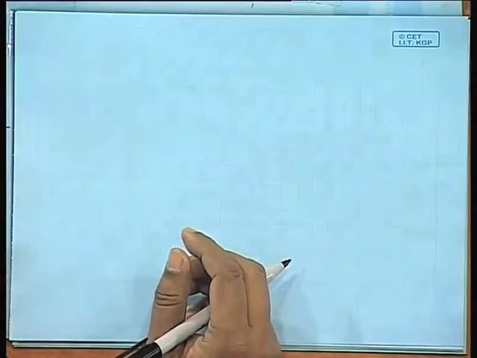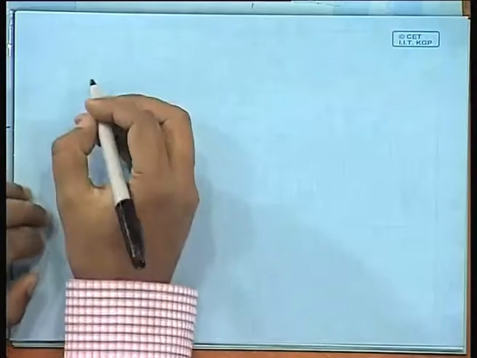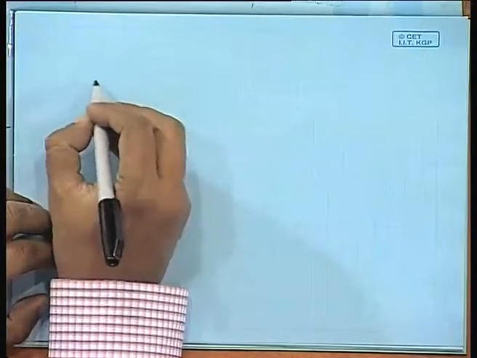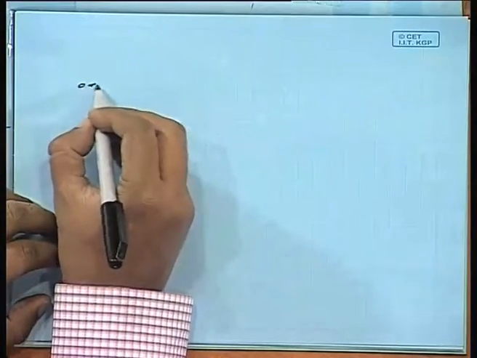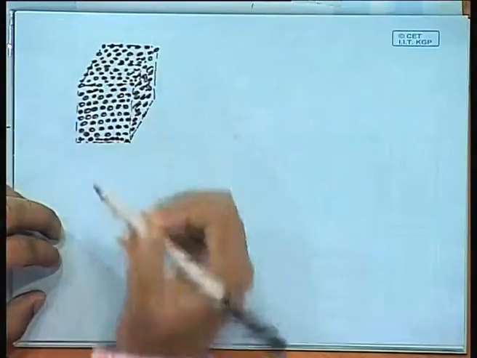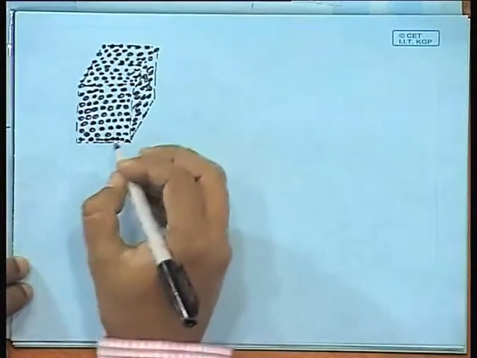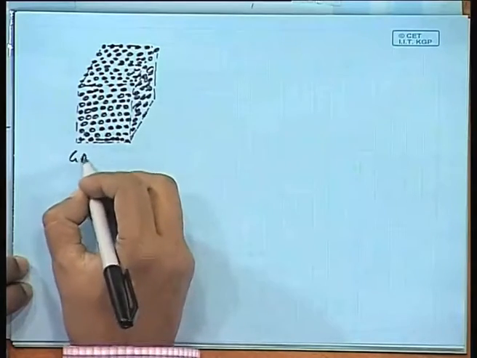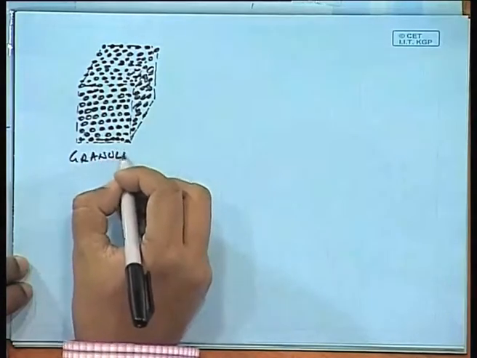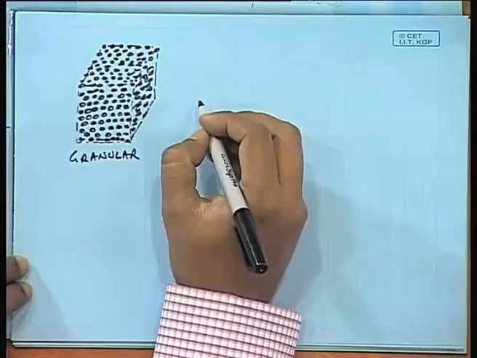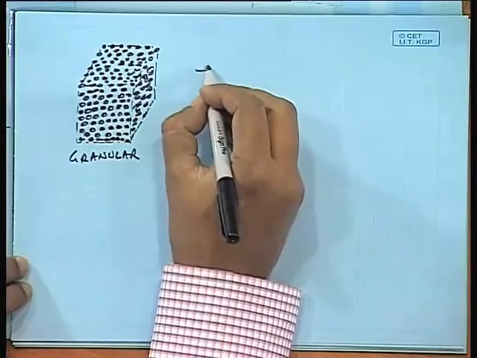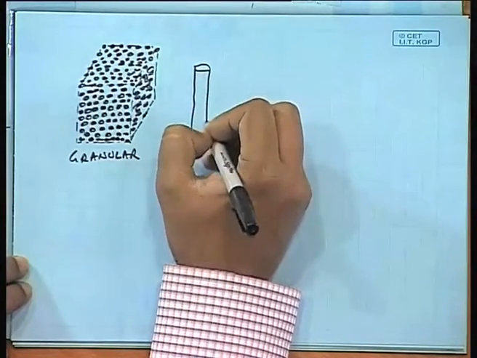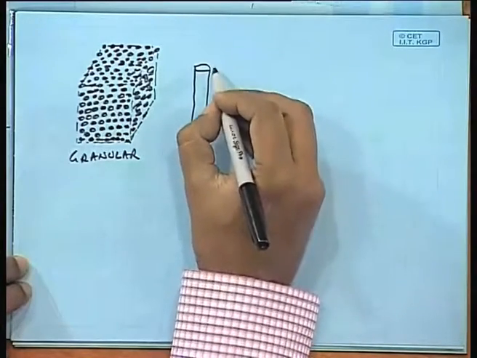These are the most important structures that we generally talk of. Let me give you some idea about the structures. This is how the structures look. This is called a granular structure. The next one is the prismatic structure. You see here it looks like a prism.